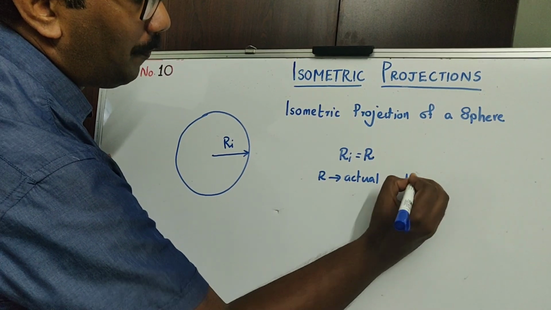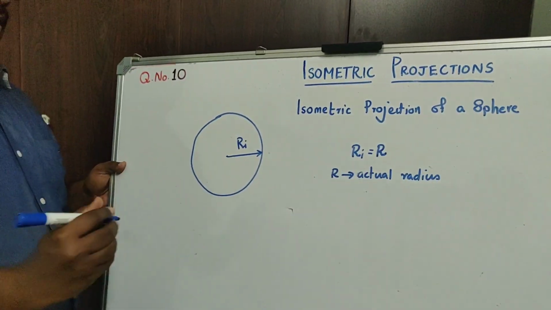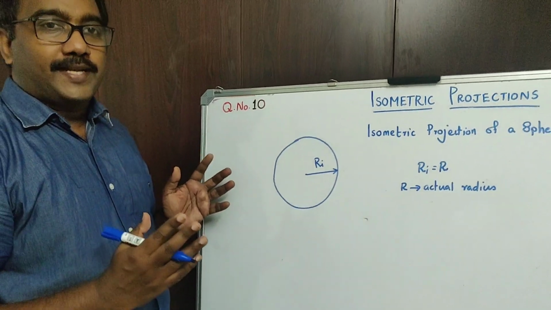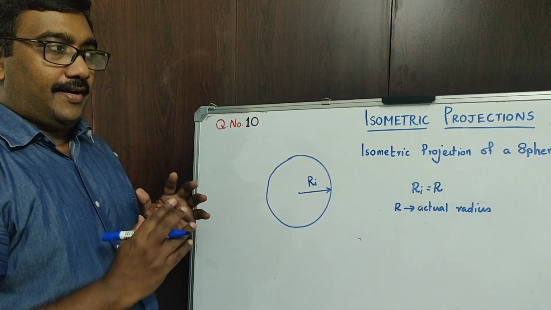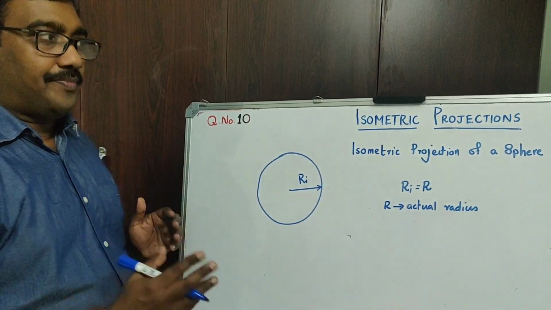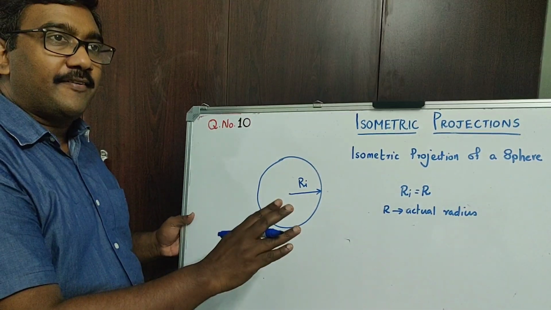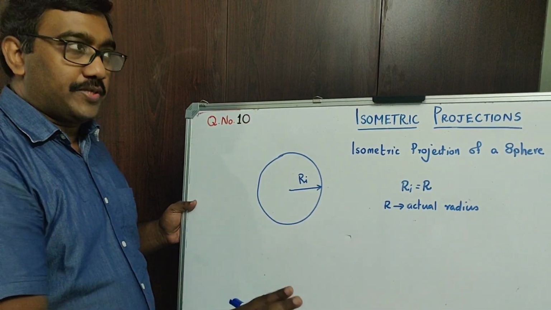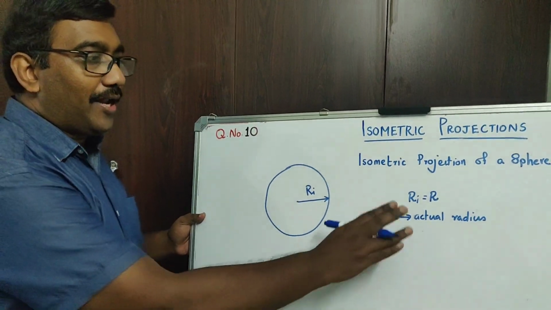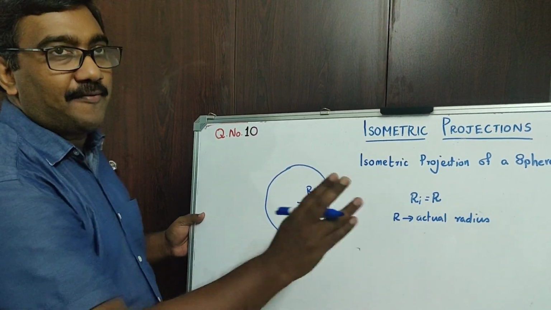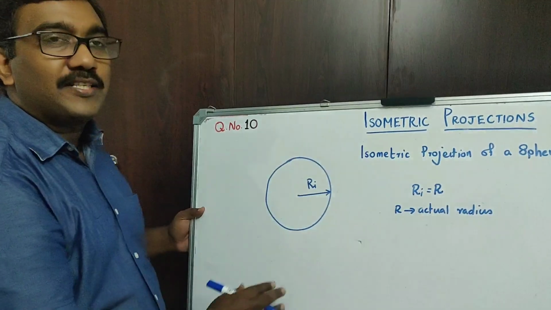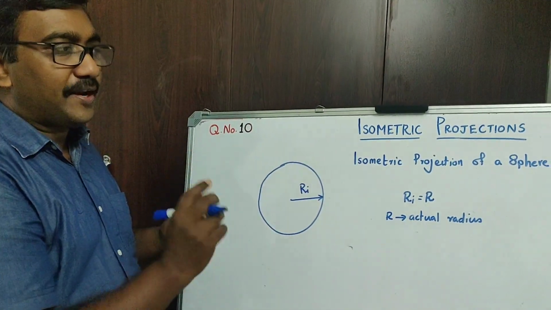As we know, for all other objects or lines, when you go to isometric projection, the dimensions are getting reduced. But for a sphere, you have the actual radius itself. That is the importance of isometric projection of a sphere. I think it is clear to you.